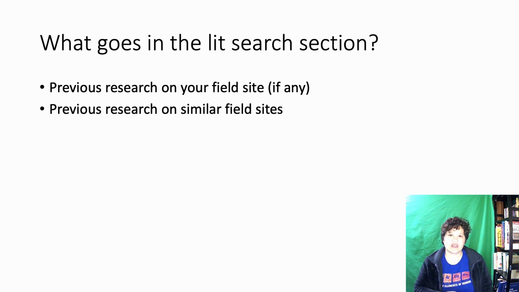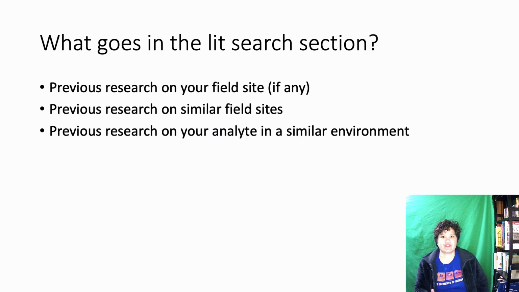And then you'd have to look and say, well, okay, what else is near here that might be like here? And so what you might do is you might look for studies on the Nisqually, because of course they did a bunch of research before they restored the Nisqually Delta. Okay, so that's thinking about your field site.